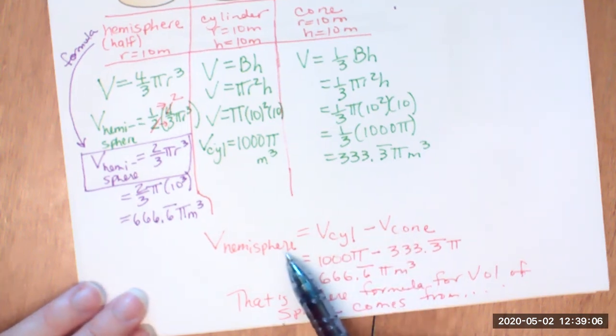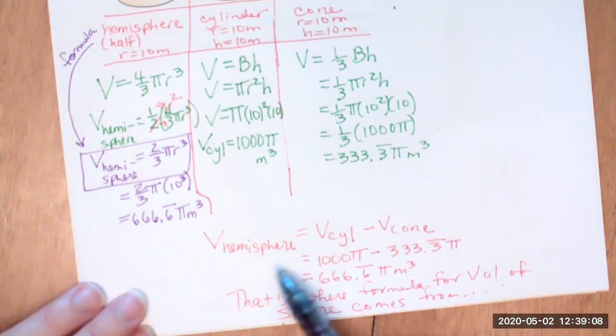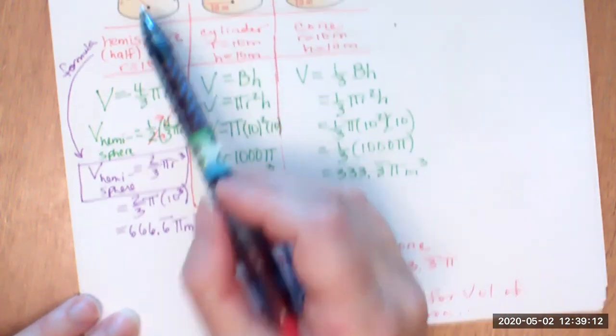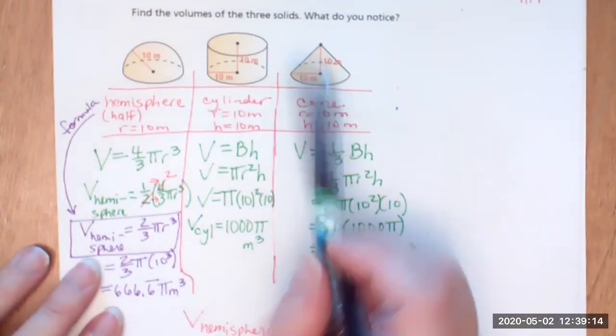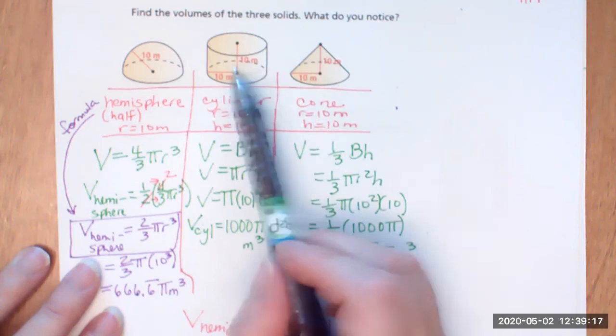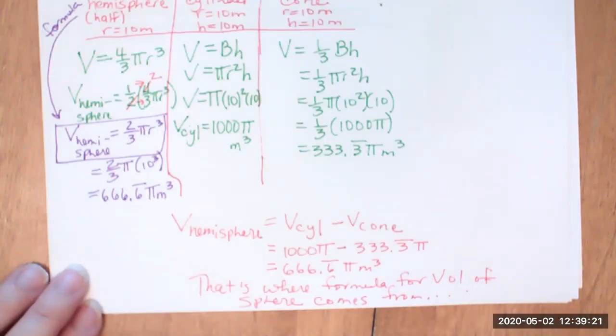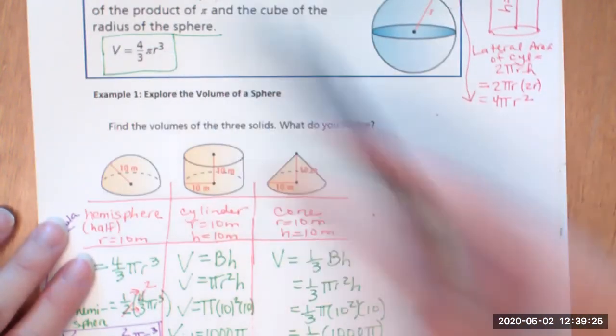If I double that, I would get the volume of the corresponding sphere, again with the same radius and of course the heights being the same as that radius. Okay, so we can see that's where we get the formula for the volume of a sphere.